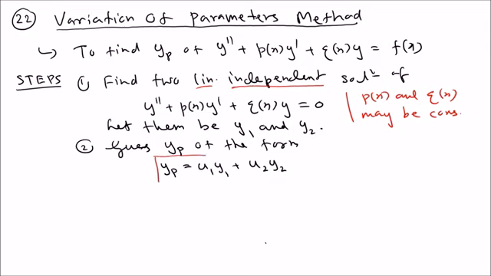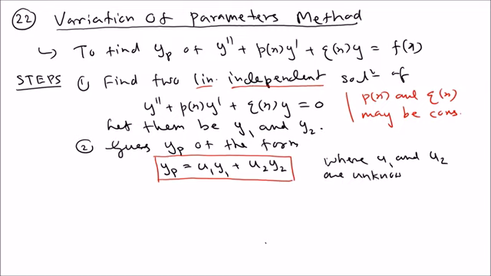We do a very similar thing: we take the derivatives and plug into the equation and get two equations to solve for u1 and u2, where u1 and u2 are unknown functions. So we need to find those two.